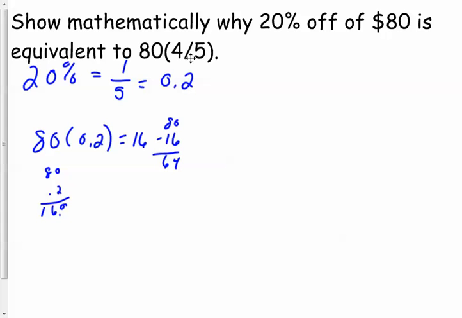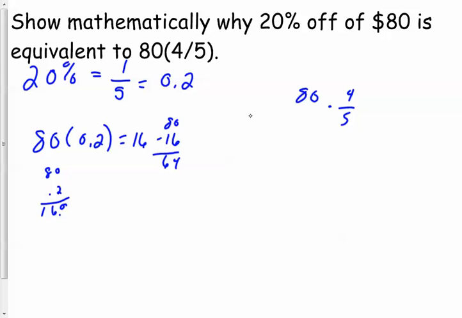Or what is happening here? Why is it 4/5? Well, when you're in fifths, it's 0.2 for 1/5, 0.4, 0.6, 0.8. So if I'm getting 20% off, then I'm paying 80% of it, right? So if I take 80 and multiply it by 4/5, I don't have to do all these steps.